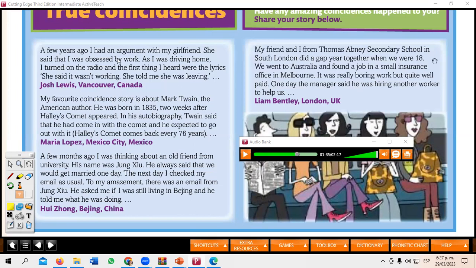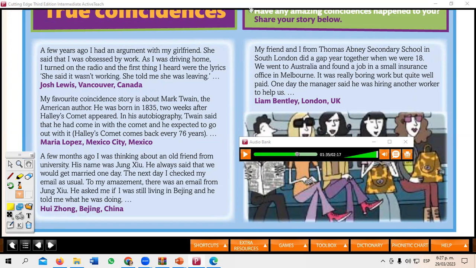All right, and the last story that we have is about Thomas, her friend. Liam says, my friend and I, they are from Thomas Abney Secondary School in London, did a gap year. Do you understand what a gap year is? Año sabático?